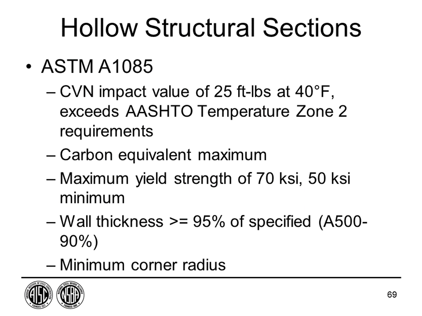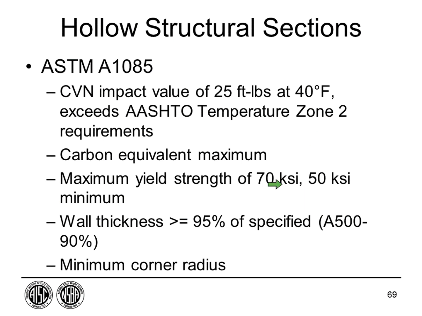There's also a new specification for hollow structural sections. If you look at the specification A500, which is the typical specification, it says in there it's not for use on dynamically loaded structure. So ASTM A1085 was developed. It has a Charpy V-notch requirement, so that's in there, at zone 2 requirements, so this will meet zone 1 and zone 2 requirements.